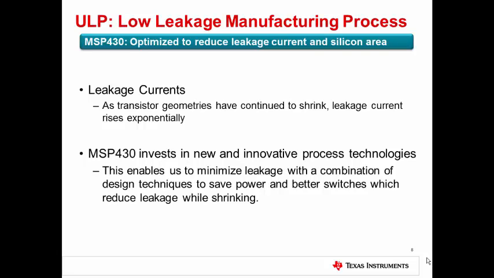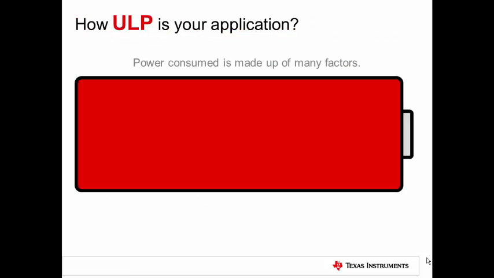However, as transistor geometries continue to shrink, leakage current rises exponentially, creating a big problem for low-power applications. As a result, MSP430 not only invests to improve its processes and have cutting-edge technology, but we also invest significantly in innovative techniques to keep leakage at bay.